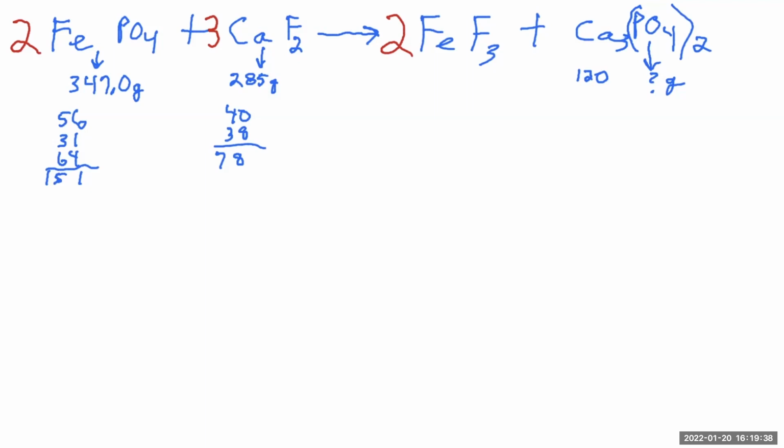Two, and each one is 31, so it's 62. And how many oxygens do we have? 8. So 16 times 8 is equal to 128. So we have 310. Now we have the molecular weights of all three compounds that are going to be involved in our conversion here.